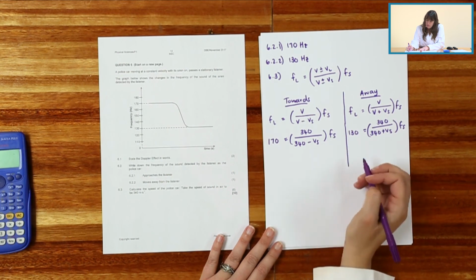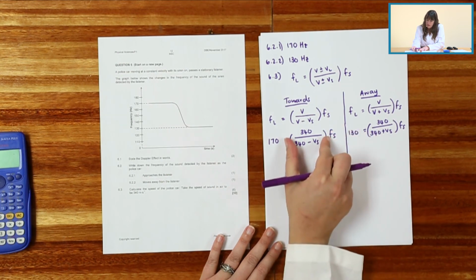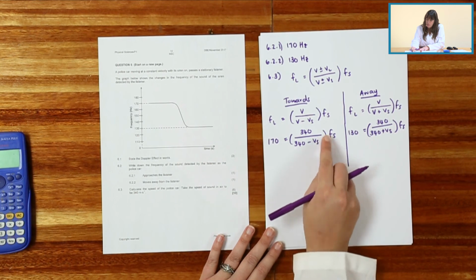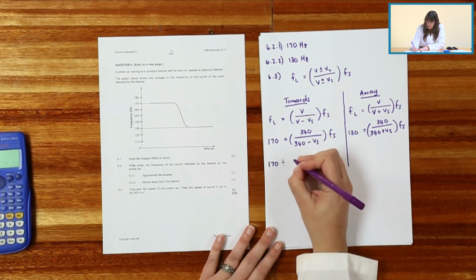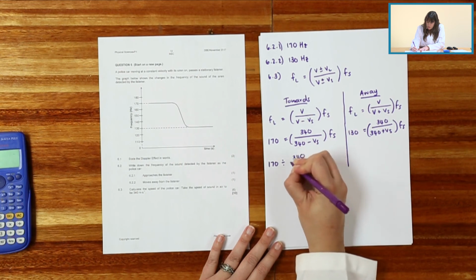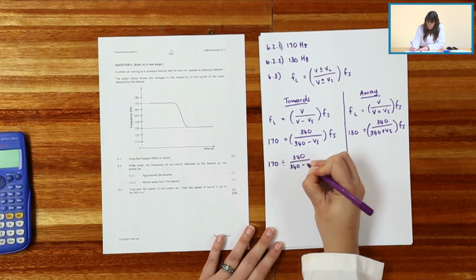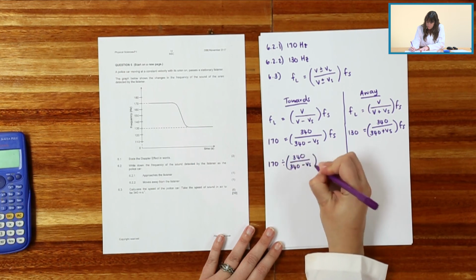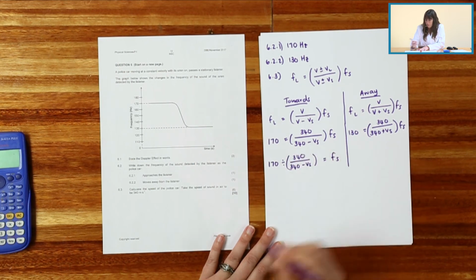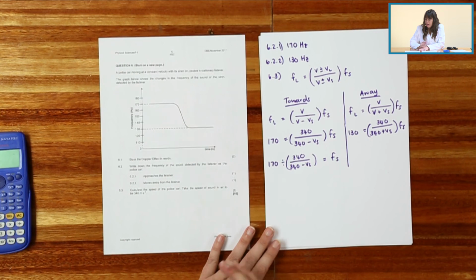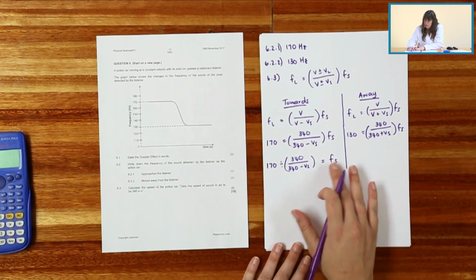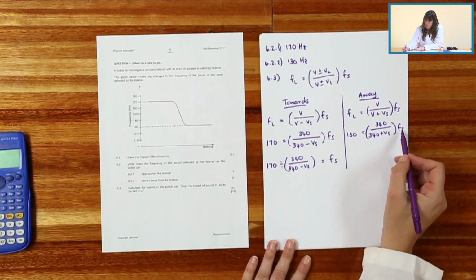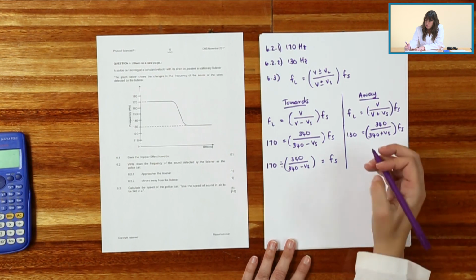So we need to rearrange one of the equations to make Fs the subject of the formula. If I take this equation, I keep Fs by itself, and since it's multiplied here, I'm going to divide. So I'm going to have 170 divided by 340 over 340 minus Vs, and that will then equal Fs. My preferred way of doing simultaneous equations is getting both equations in the same format so that we can just make them equal to each other. So I'm going to do the same thing to this equation.